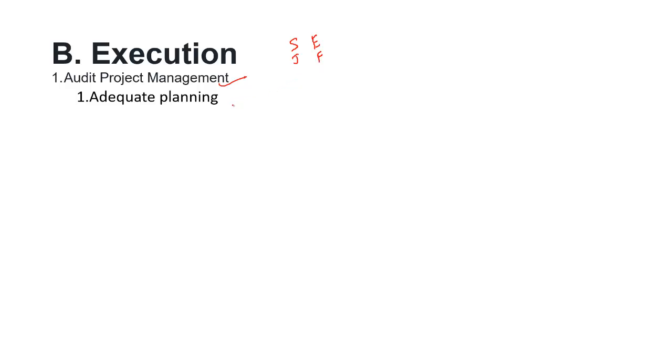In order to execute the project, the first and most important requirement is adequate planning. Adequate planning is the necessary first step in performing an effective IS audit.